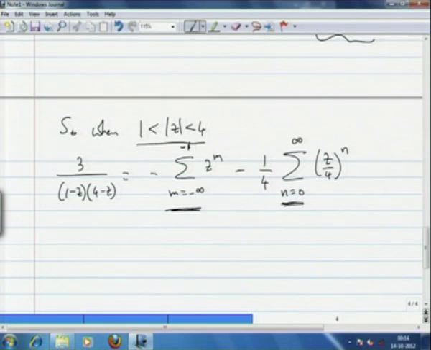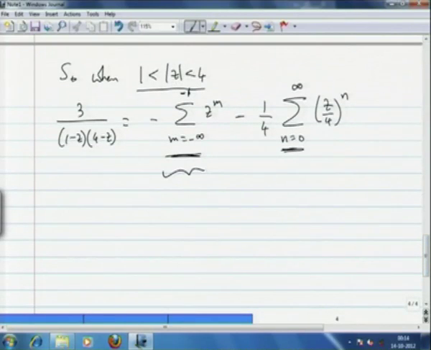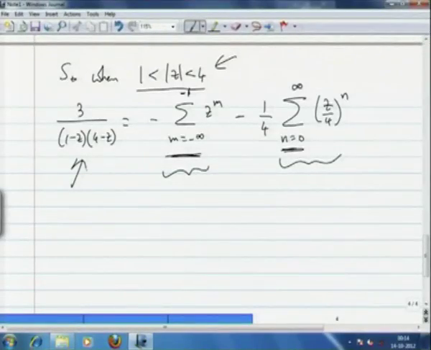We are going to call this kind of series double ended, and each of them converges in the common region individually, and hence when we put them together like this, they converge to this function on the annular region between 1 and 4.